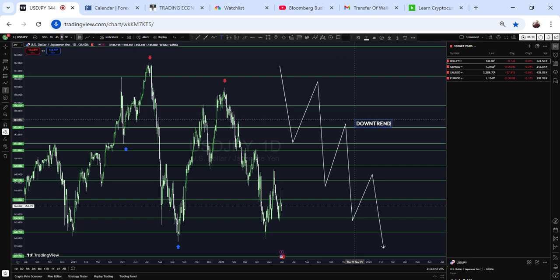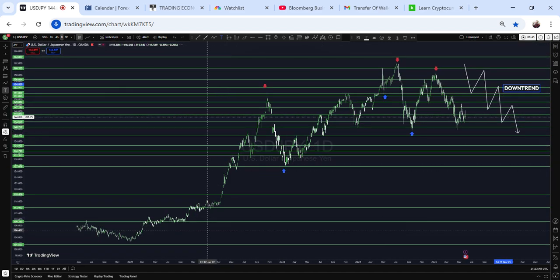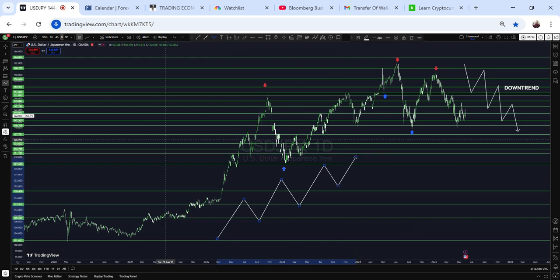Actually, we have three types of trend when it comes to trading. We have the uptrend, which is this one now. And this is the downtrend here. This is the uptrend, this is the downtrend, and then this is the sideways trend.